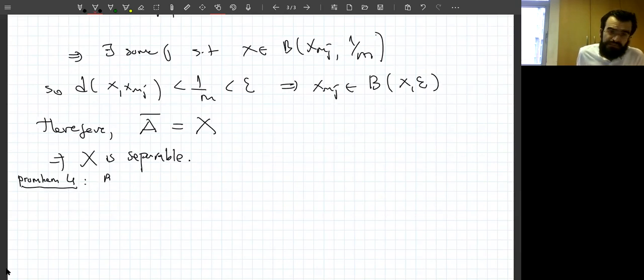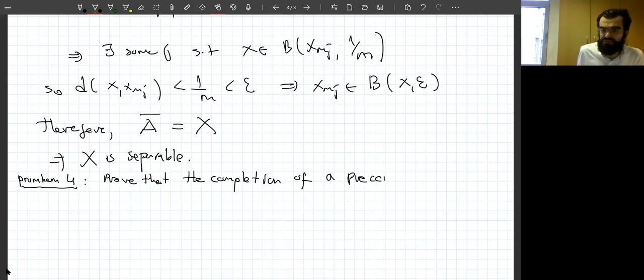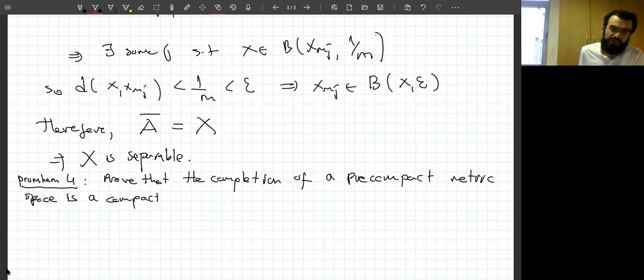Prove that the completion of a precompact metric space is a compact metric space.